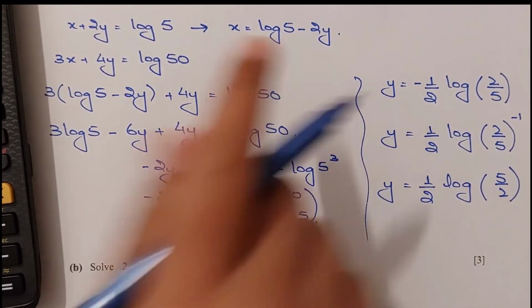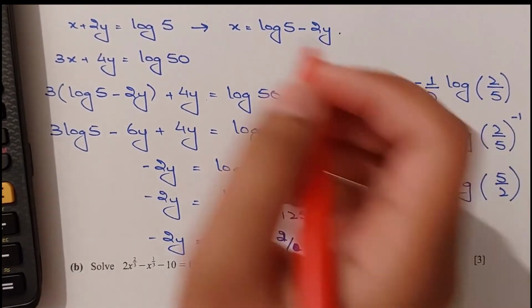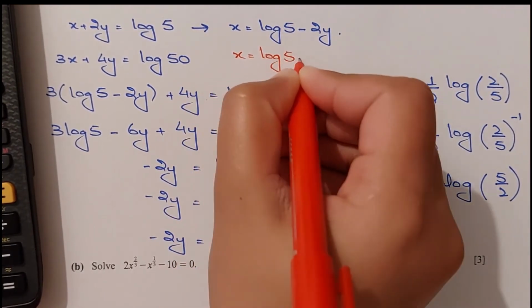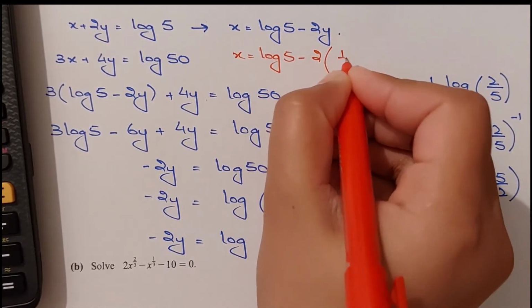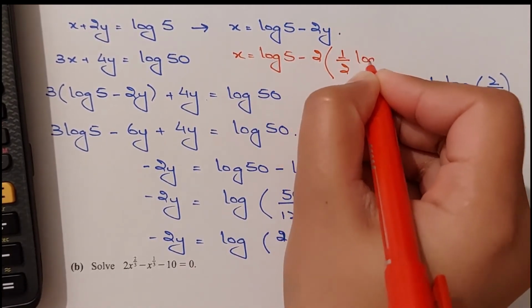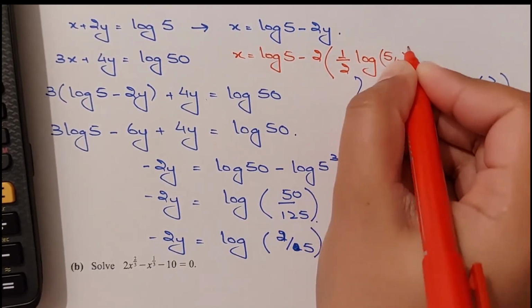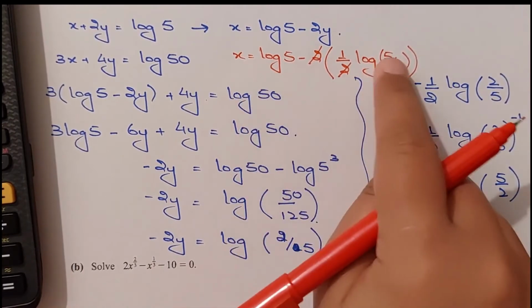To solve the x value, we have to substitute this y value into this equation. So we have x equals log 5 minus 2 times this, that is 1 by 2 log 5 by 2. Okay, so we can cancel the 2 and 2. So we have log this minus log this.